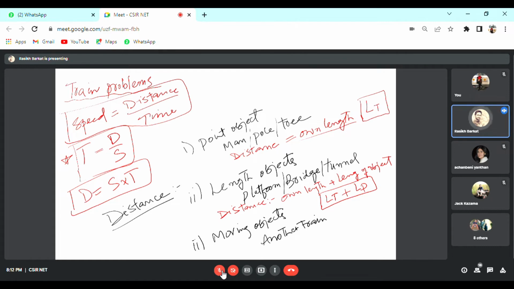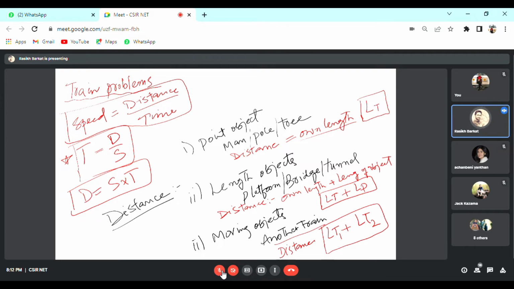Right. The third category is also moving objects. Now, if the moving object is a train, another train, the total distance will be LT plus LT. This will be T1, this will be T2. So the total distance will be length of train 1 plus length of train 2, if there are two trains.